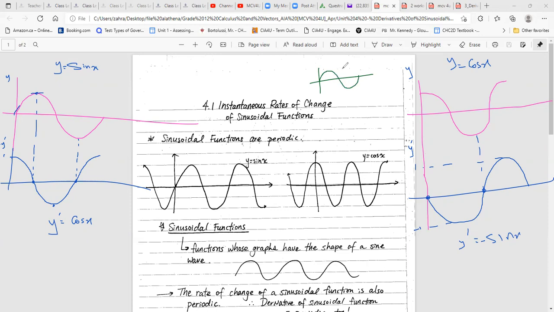And when you want to do the negative of that, you just flip it over, right? The dotted line is y equals negative sine x. Right, so that's why this is negative sine x. So just reminding that the derivative of sine is cosine, and the derivative of cosine is negative sine.